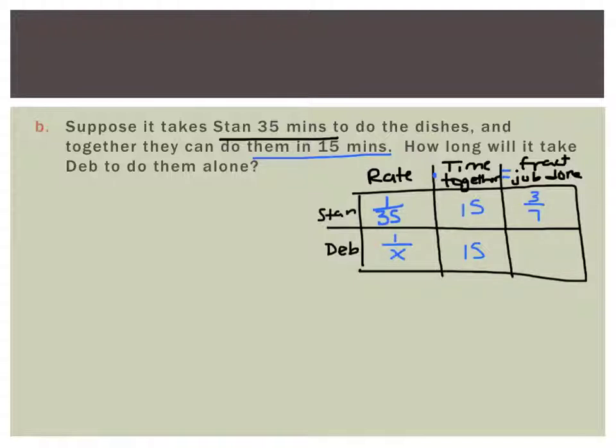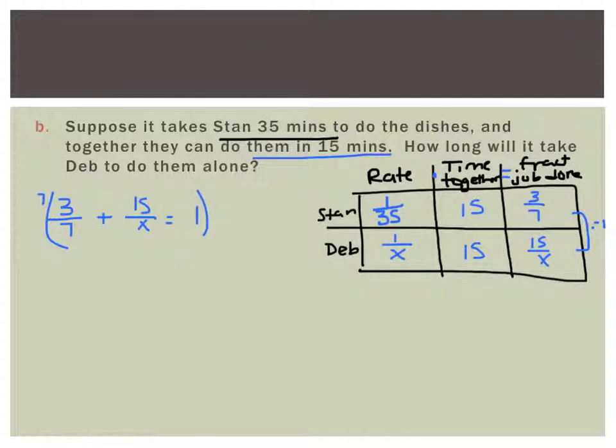Now Deb is working at a rate of 1 over x also for 15 minutes, because it takes them 15 minutes to finish the job. So the fractional part of her job done is 1 over x times 15, which is 15 over x. And remember, they always total to one job. So it's going to be 3/7 plus 15 over x equals 1 whole job.